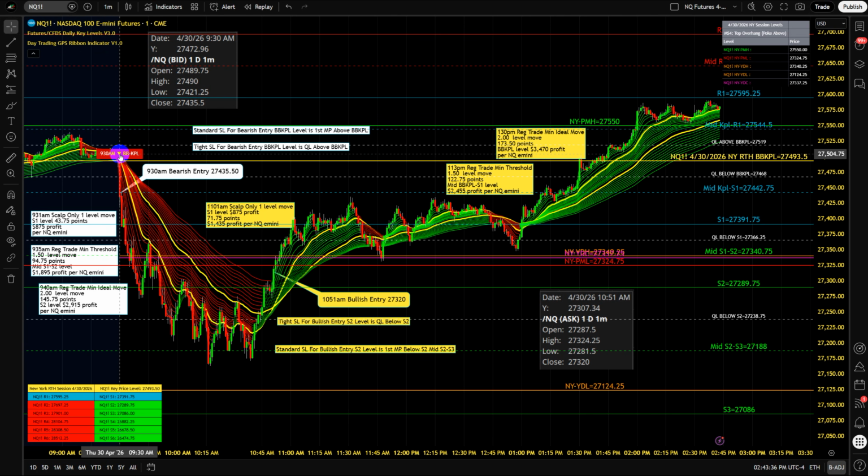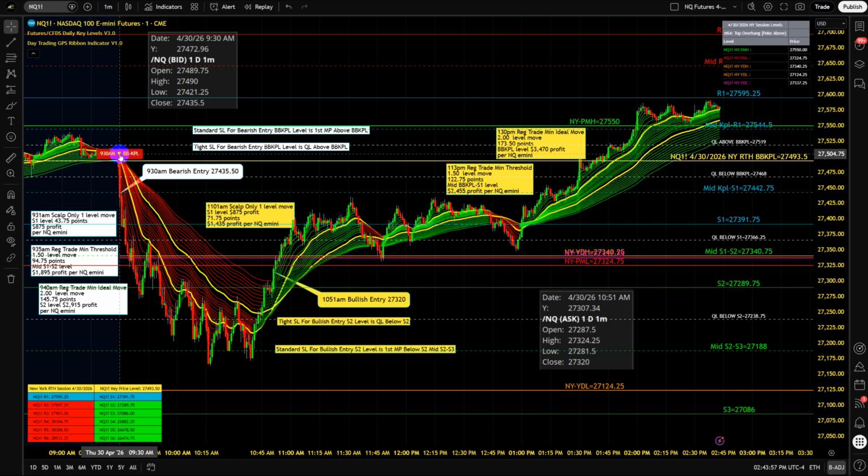And ideally, not only all red, but that on a bearish entry, the lower lines of the ribbon are starting to pull away from the base of the ribbon. That would be the ideal one. The minimum requirement would be that the ribbon be all red.